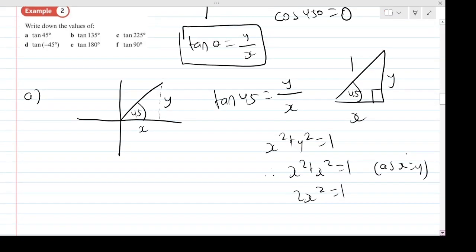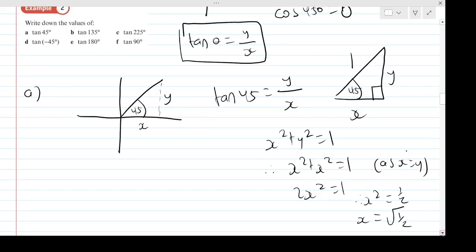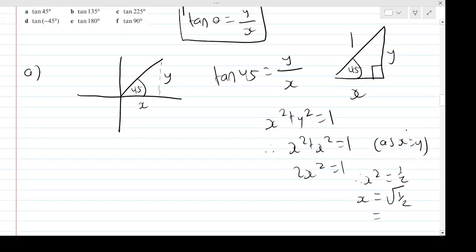And therefore x squared is a half. And then x is just root of a half, which you can say is 1 over root 2, which we can rationalise if we want to, root 2 over 2. So that means both coordinates are now root 2 over 2 for the x and the y part, because they both have to be the same if the angle's 45, if it's in the middle, right?